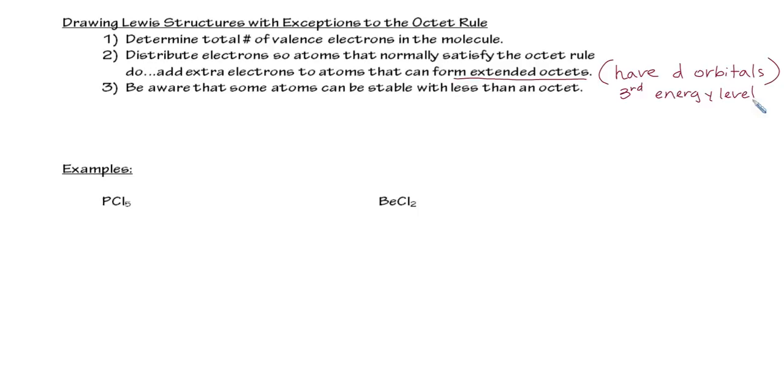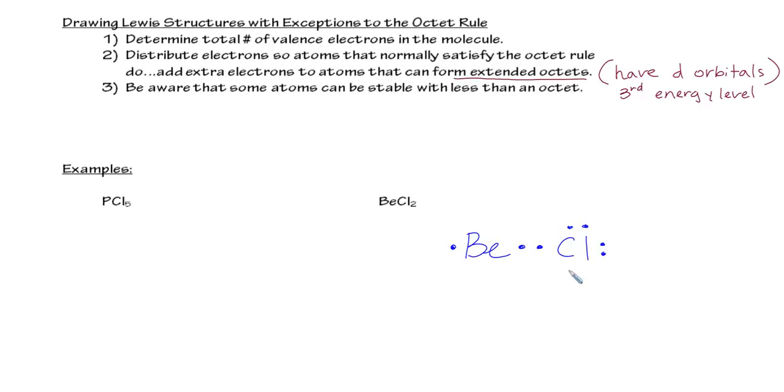For example, beryllium. Beryllium only has 2 valence electrons. We usually draw them 180 degrees apart to show that these electron groups would be negative and they'd repel. You got 2 chlorine, throw them on there. The negative electrons repel, they're 180 degrees.